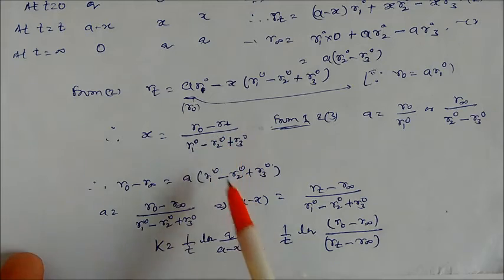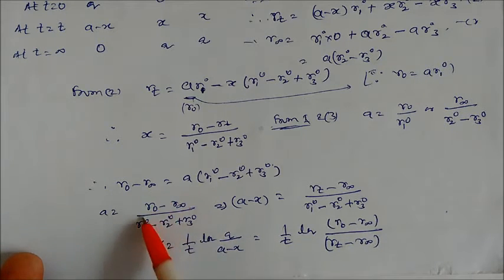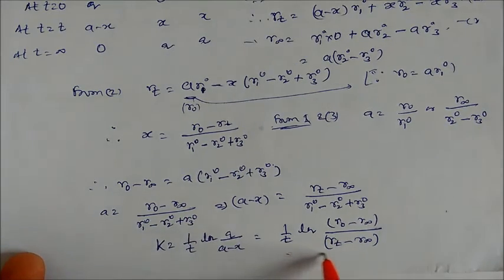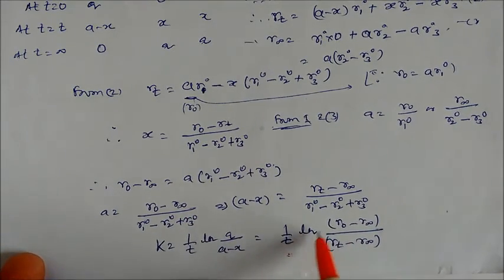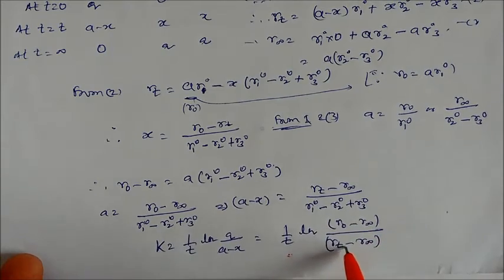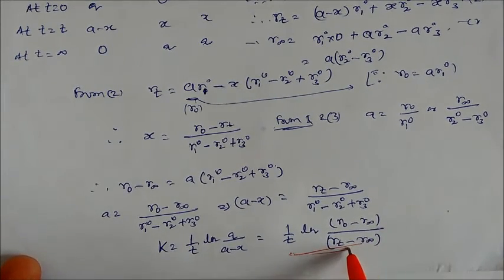By using the first order law of kinetics, k equals 1 by t natural log of a divided by a minus x. We already know a and a minus x. If you solve it, you get k equal to 1 by t into natural log of R naught minus R infinity divided by Rt minus R infinity. This is our answer for this second question.